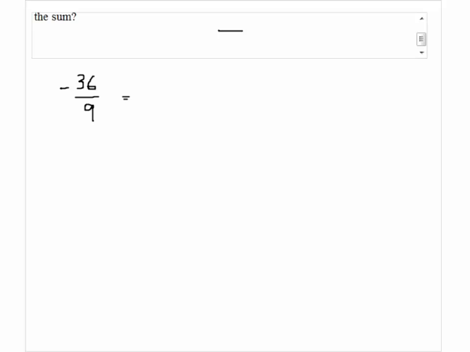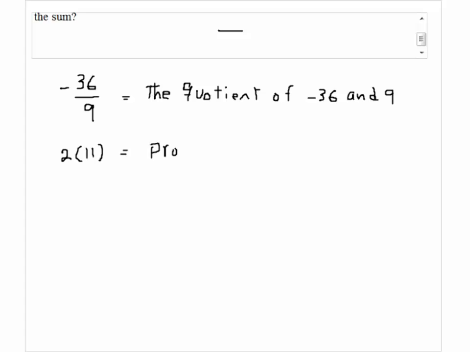So this would be the quotient of negative 36 and 9, and 2 times 11 would be the product of 2 and 11.